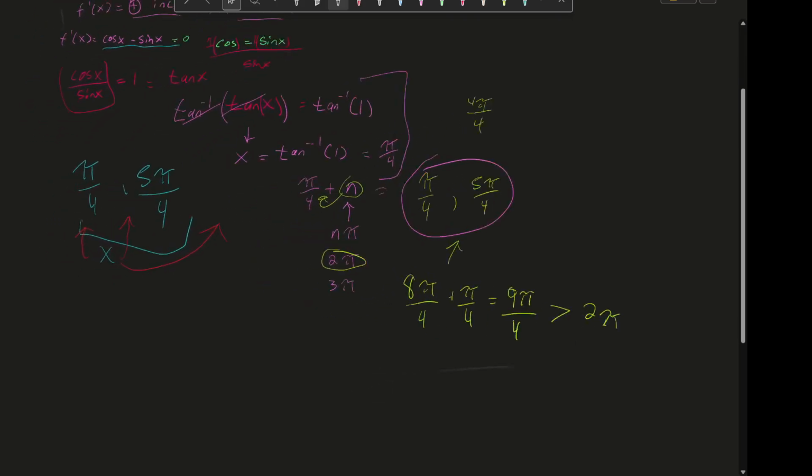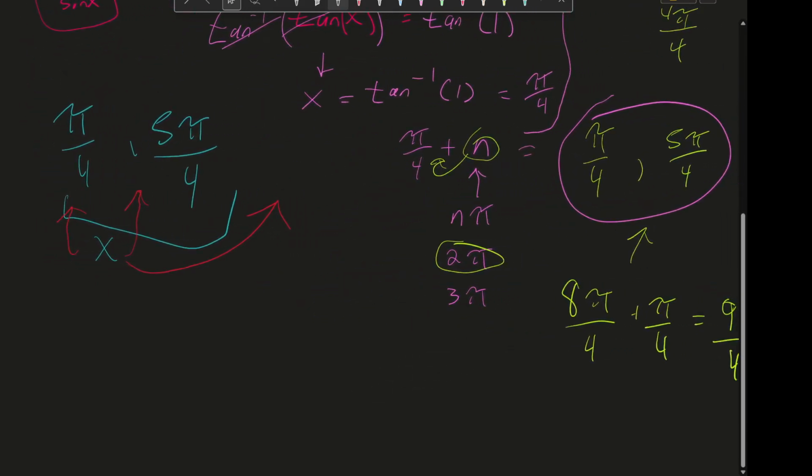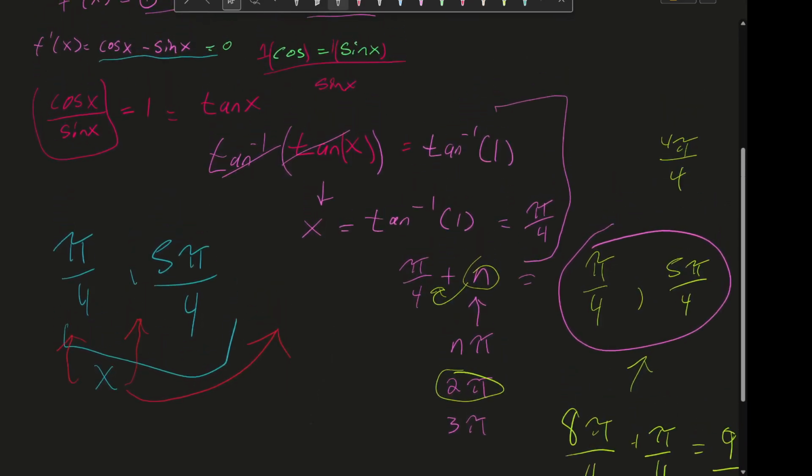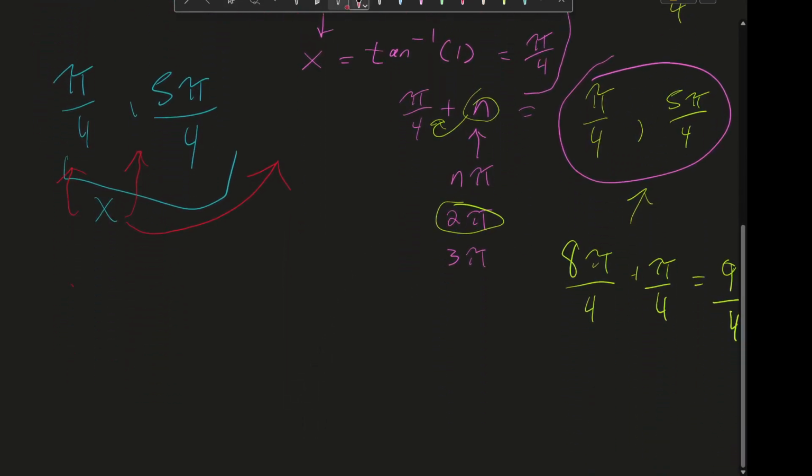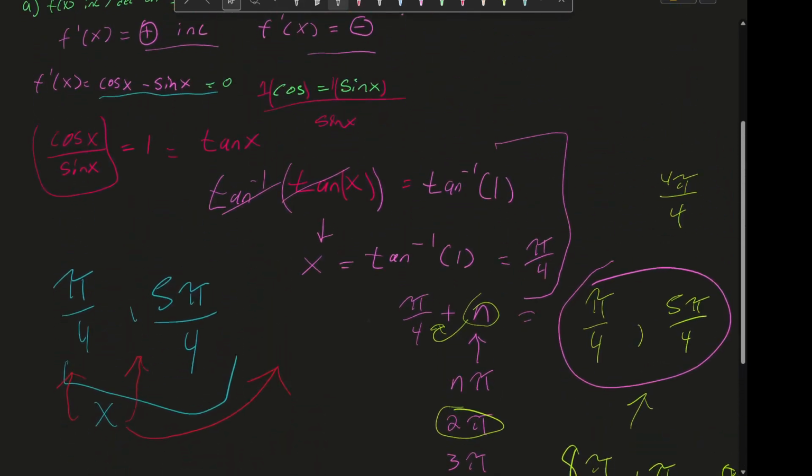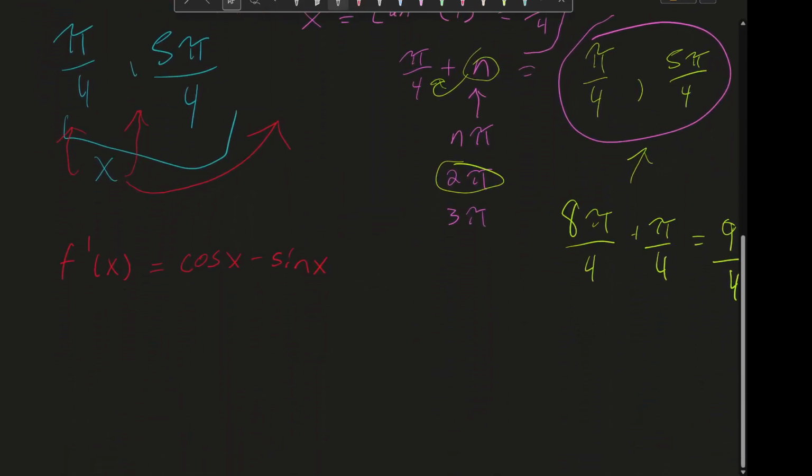So we'll just go ahead and do that. And our derivative function is, what is it, cosine x minus sine x? Pretty sure. We'll double check that. So we'll say something smaller than pi over 4. We'll say pi over 6. That's smaller.